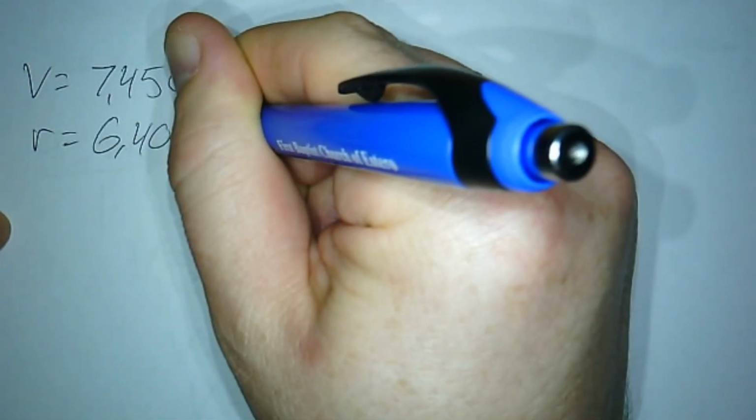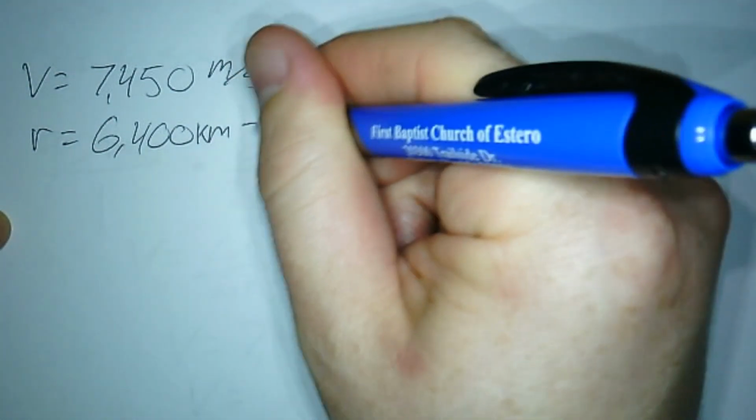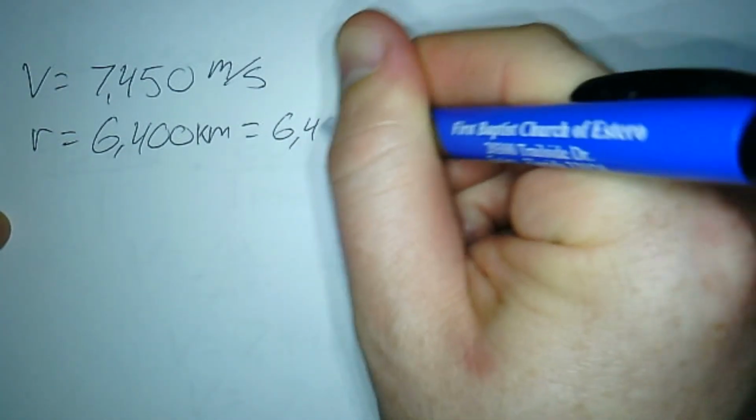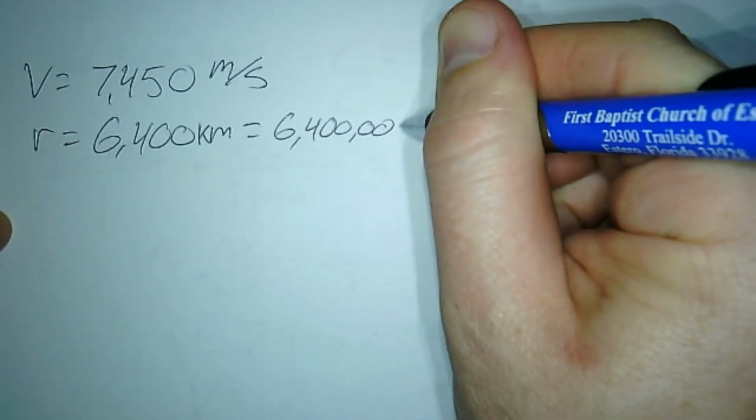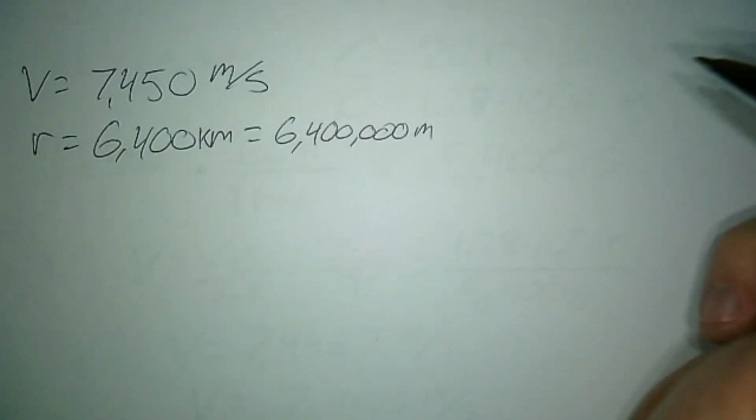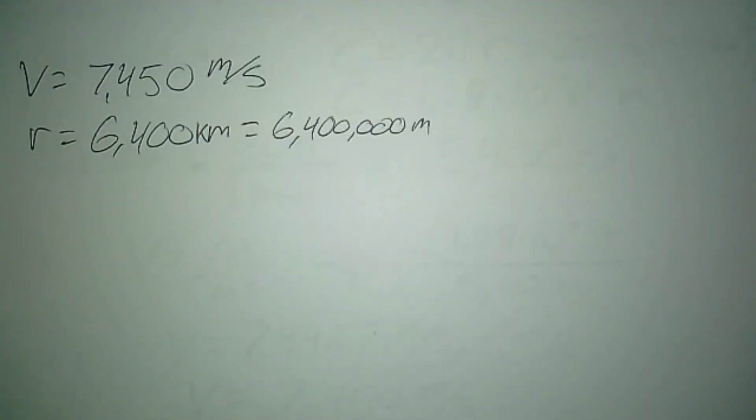So v, we said, was 7,450 meters per second. And we know that the radius, we said, was 6,400 kilometers, right? So I need to convert that to meters. So that's going to be 6,400,000 meters, right?